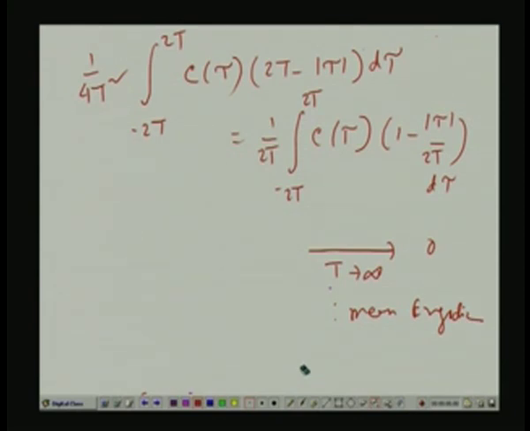So, this is a condition, but we can have some sufficient conditions, a sufficient condition for this. So, we go to the next page, we rewrite what we wrote. What is the condition?